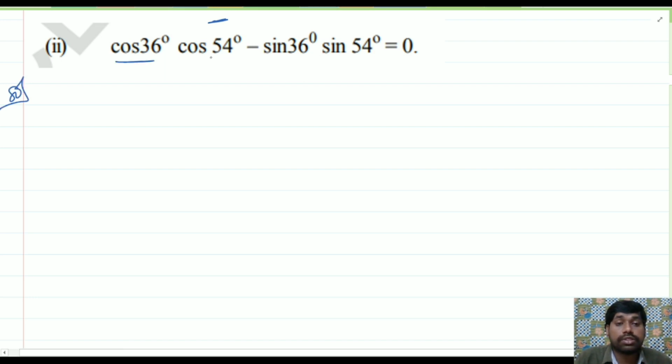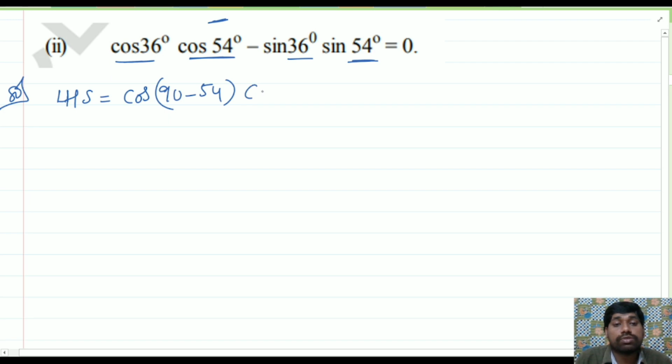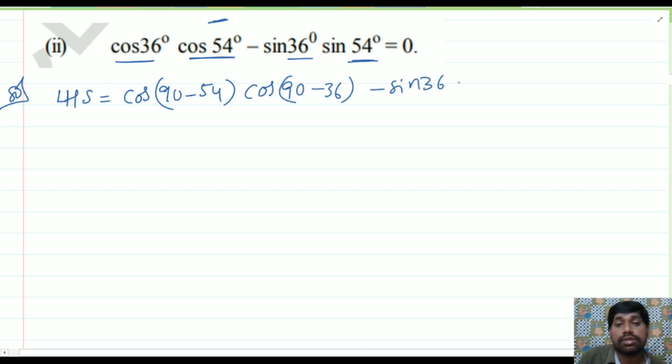There are two cos components, and their complements are in terms of sine. So take the LHS and prove that it equals the RHS, which is 0. Cos 36 I am writing as cos 90 minus 54, and cos 54 as cos 90 minus 36, minus sine 36 sine 54.